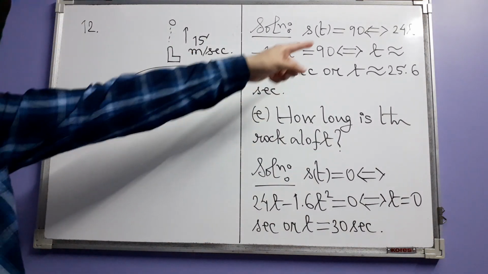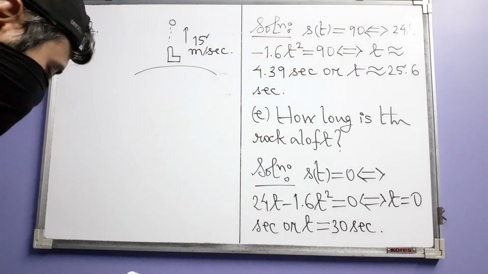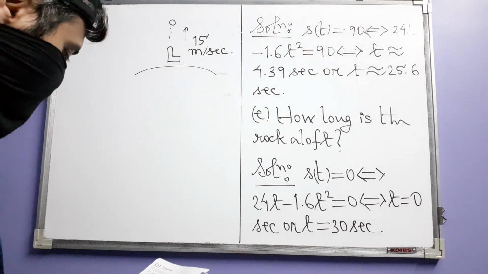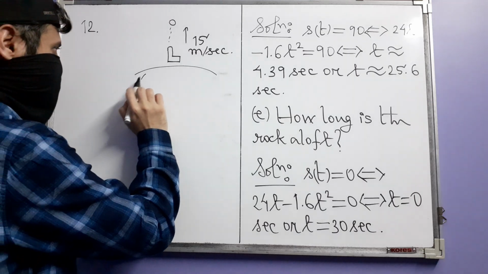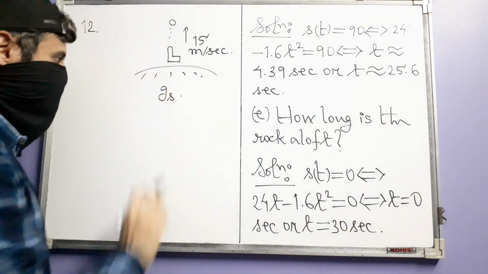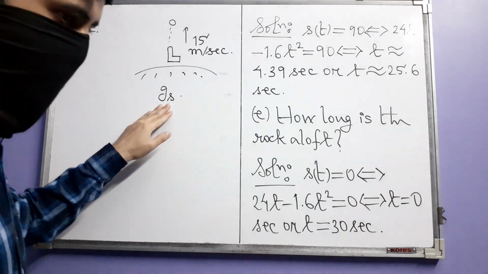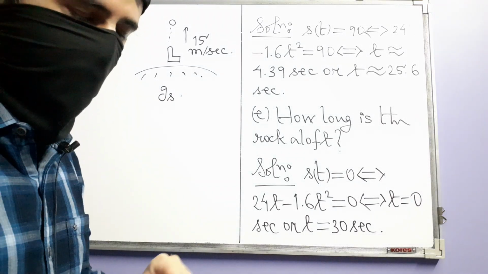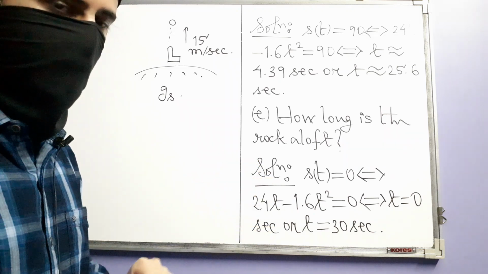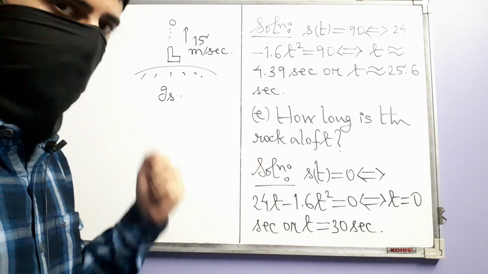Okay, so just like that one was launched at a velocity of 24 meter per second. Alright, and the planet has its acceleration due to gravity gs. This of course need not always be 9.8 meter per second square.